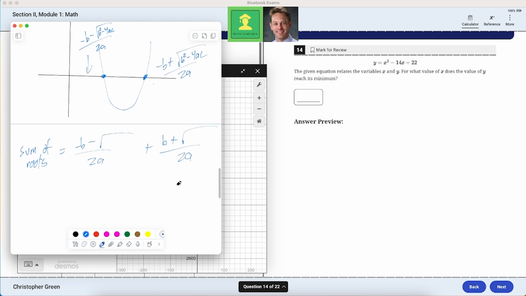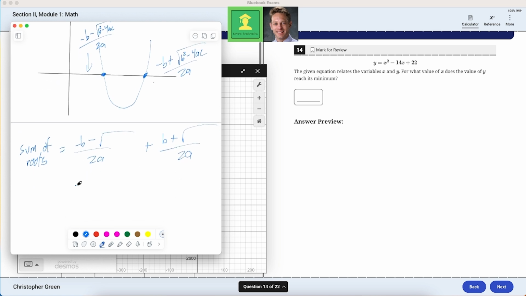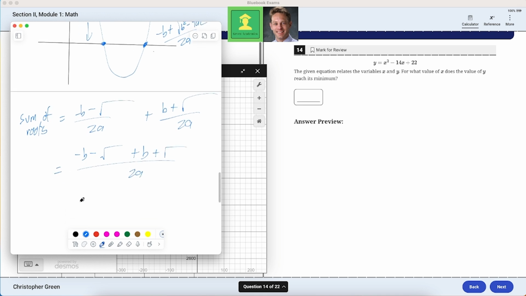Now, again, I'm not writing what's in the radicals because they cancel out. If you think about adding fractions that have the same denominator, you get to here, and then the minus root and the plus root cancels out, which gets you to here, which gets you to here. So the sum of the roots in any quadratic is negative b over a.